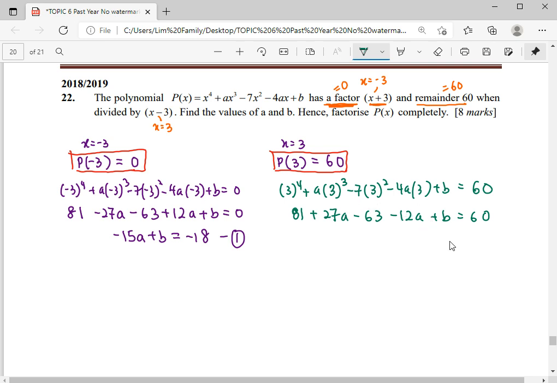27 minus 12, 15A plus B. So what's the value here? 81 minus 63, 18. When you move it over, it will be 60 minus 18. So second equation obtained.